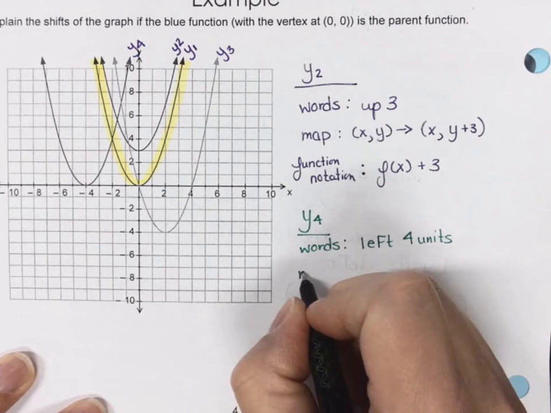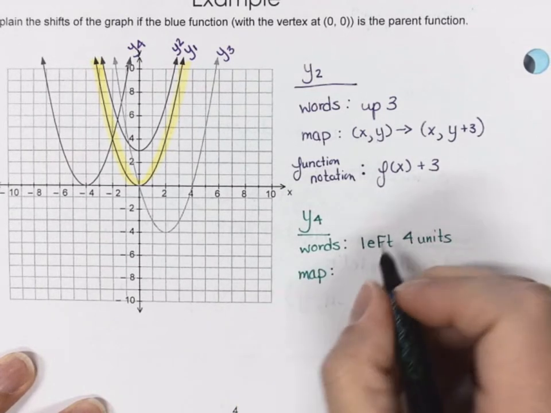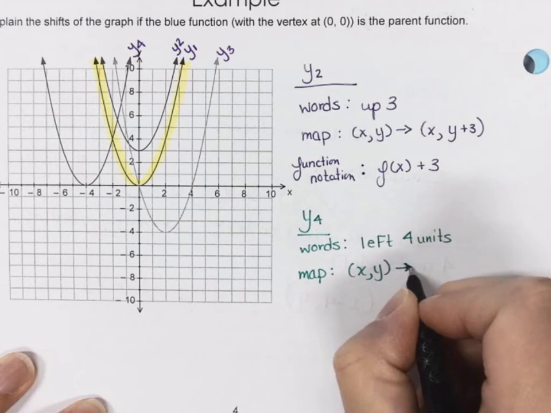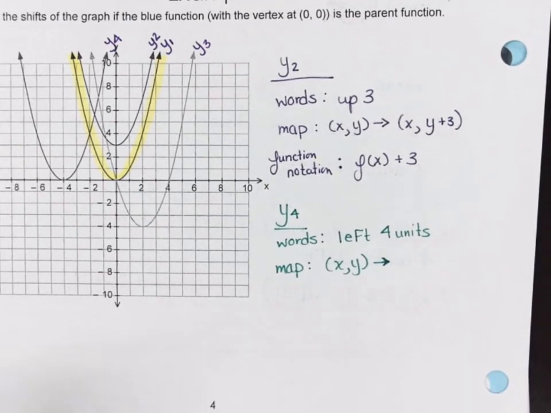Okay, let's map that. Now remember, mapping is the math. It's not going to tell any stories. It's just straightforward the math. X minus 4.